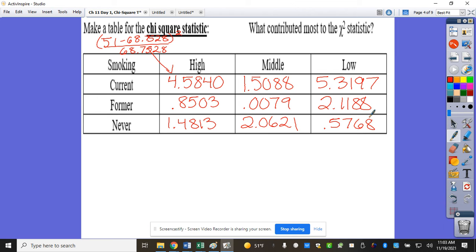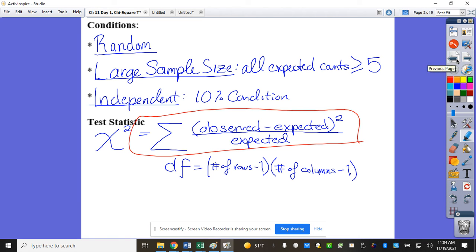So a question that you would be asked is, what contributes the most to the chi-square statistic? This one is the highest value, so this one contributes most to the chi-square value. I have a question on the back, I think, where I asked that. So in my equation, I just did this portion for each one of them.